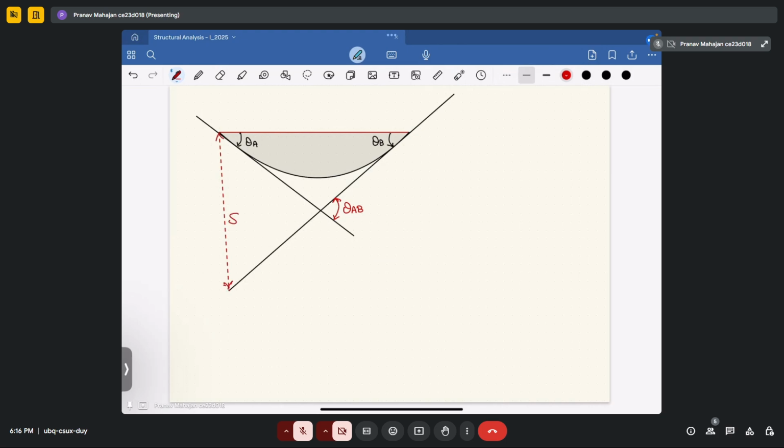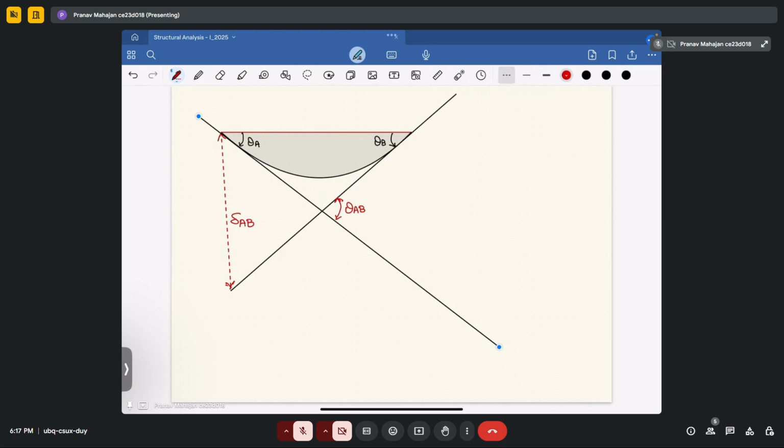This is the deflection at point A on the slope line of B. Similarly, we can do this for B also: this is the projection of B on the slope line of A. Fine. Now let me remove the additional parts.